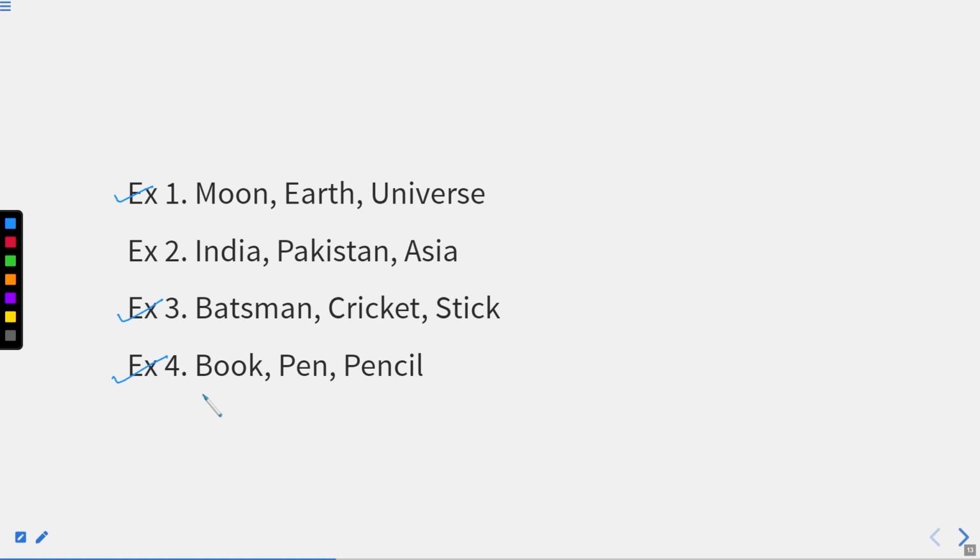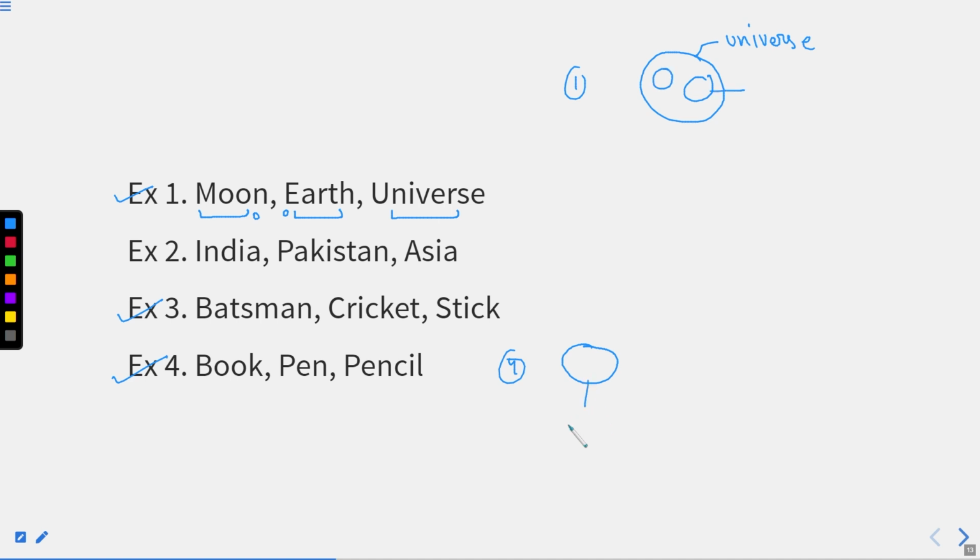Now we'll move to question number 4. Meanwhile, all options that we have discussed will appear by themselves. Till then, focus on the fourth part. So a book, a pen and a pencil. If I use this circle as pencil and mark it as pencil, now pen and pencil are two different things, so I mark this as pen.